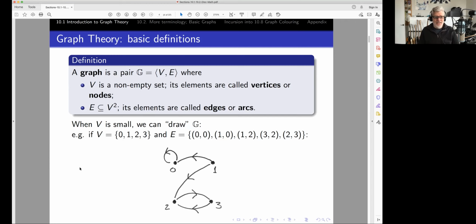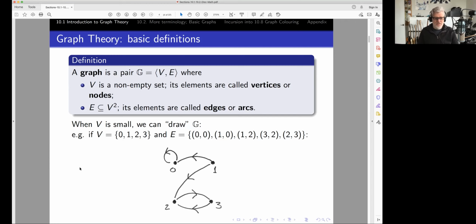And E is a subset of V times V. So it's a bunch of pairs of vertices or nodes, and these are called edges or arcs of the graph G. So why is this called a graph? Because if the whole thing is small enough, you can draw it and you get a picture, as you can see on this slide. So here is an example of a graph G, a typical example.